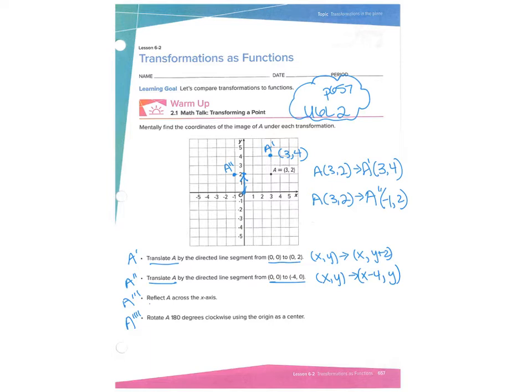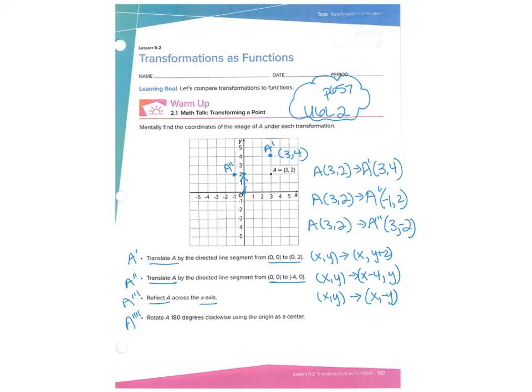So now it asks me to reflect A across the x-axis. From our table, I know that this means that my coordinate that I have when I reflect it goes to x, negative y. So for example, if I thought of my coordinate being 3, 2, then if I want to reflect over the x-axis, my x coordinate stays the same, but my y coordinate becomes the opposite, in this case, a negative 2.